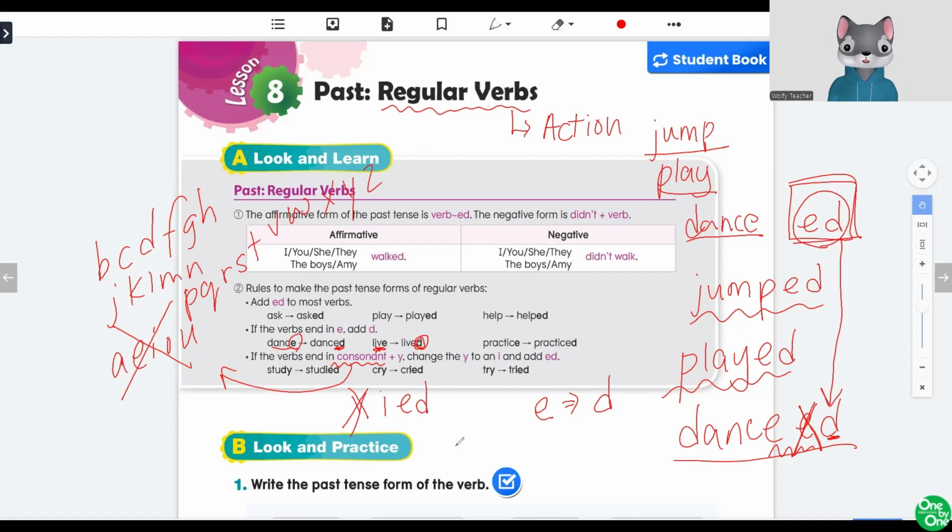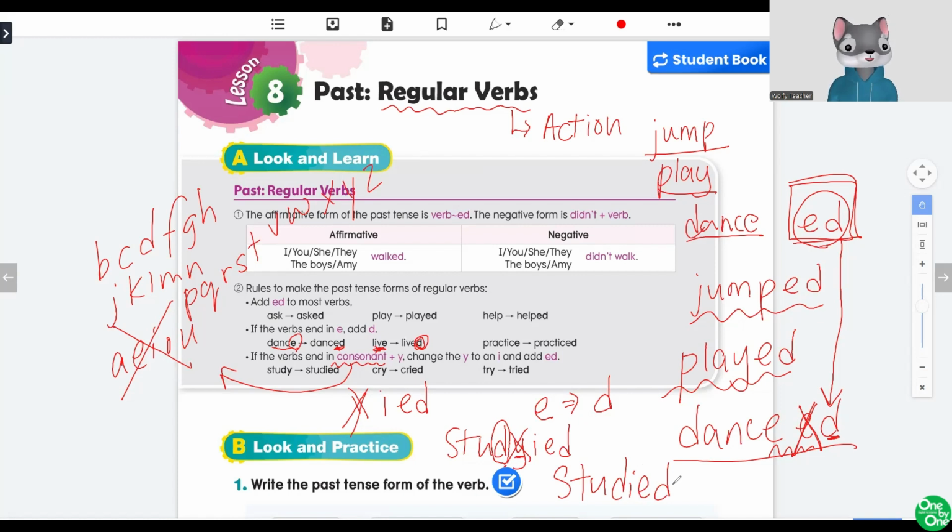So for example, if I have the word study, because in front of the Y we have a consonant, I will need to erase the Y and put an IED at the end, which makes the word studied. Studied. Easy as that.